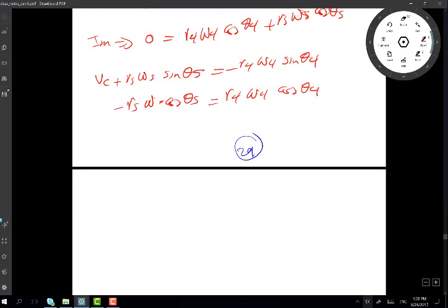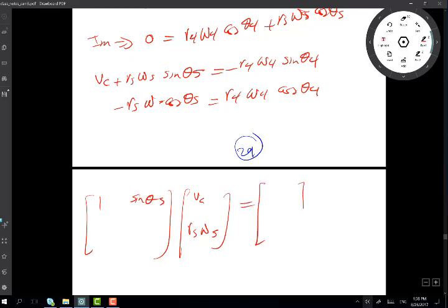I can write this as a linear system of equations in VC and R5 omega 5: the matrix has 1 and sine theta 5 in the first row, and the right side is R4 omega 4 common, with minus sine theta 4 and cosine theta 4. In the other equation I have 0, because this is 0 times VC, and here I have minus cosine theta 5. This was supposed to be omega 5.